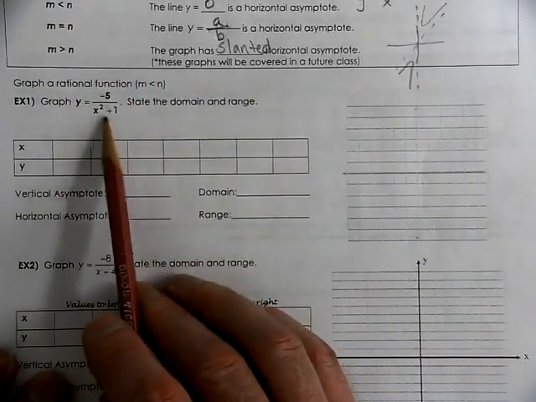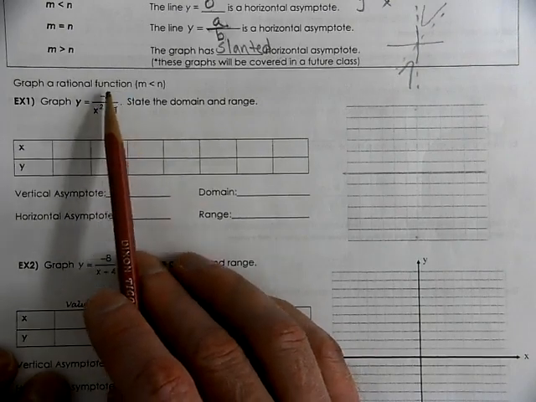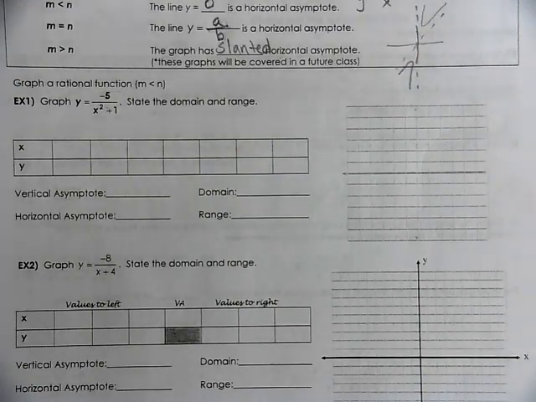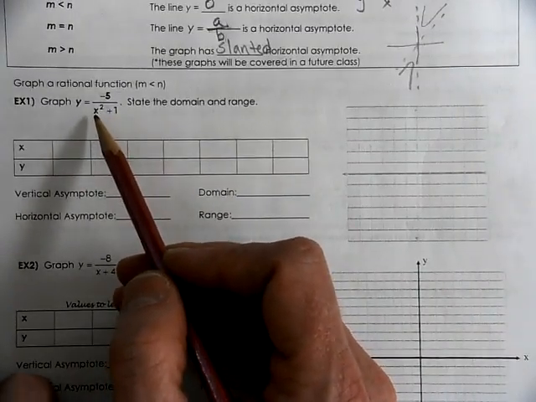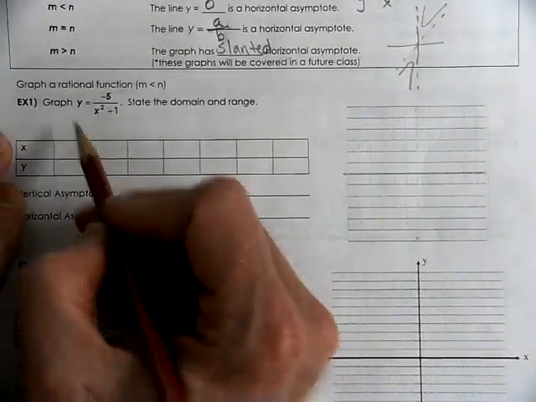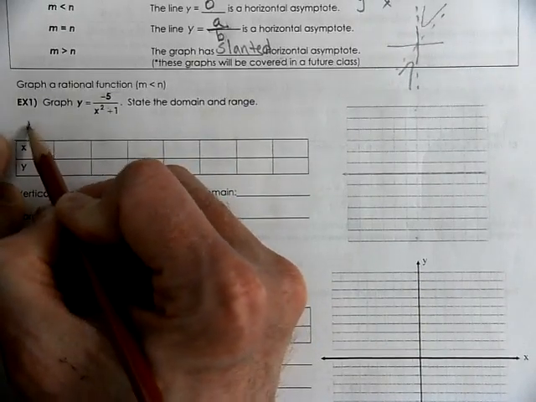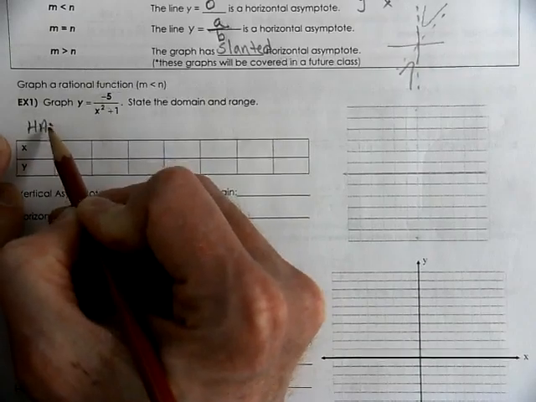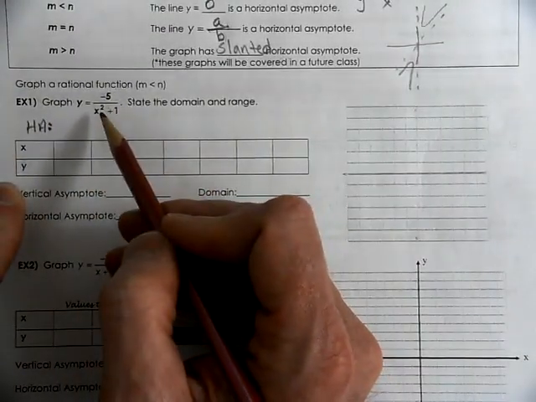We're going to graph this equation. Notice what's different about this equation. We have an x squared in the denominator. Our horizontal asymptote is determined by the degrees.